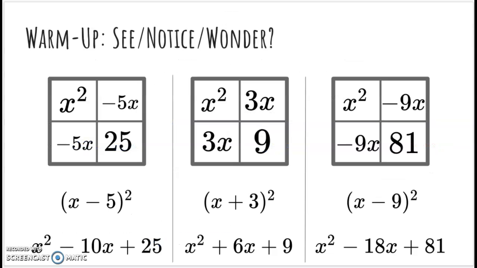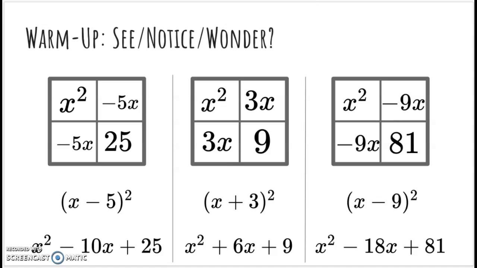First of all, just take a minute. You could even pause the video and see what you notice and wonder given the pictures, the square area models, and your equations. If you're just coming back to us or if you never paused the video, that's fine.